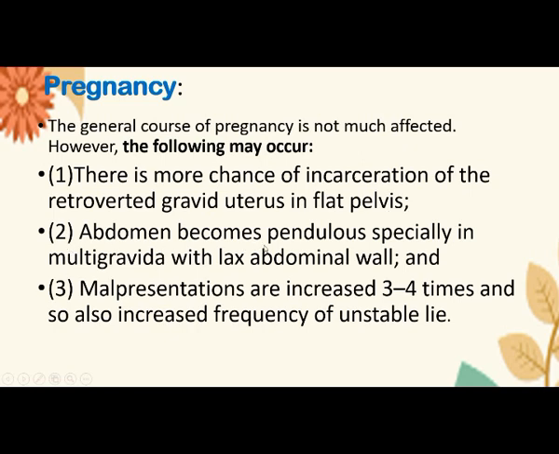The abdomen becomes pendulous, especially in the multigravida with lax abdominal wall, as we already saw in the picture. Malpresentations are increased 3 to 4 times, and there is also an increased frequency of unstable lie.